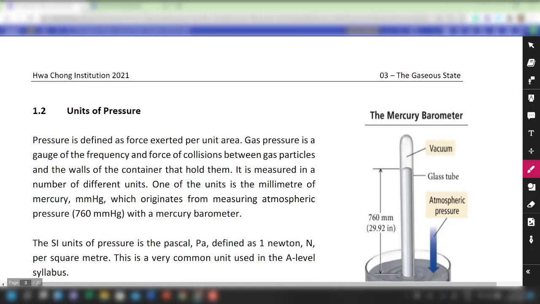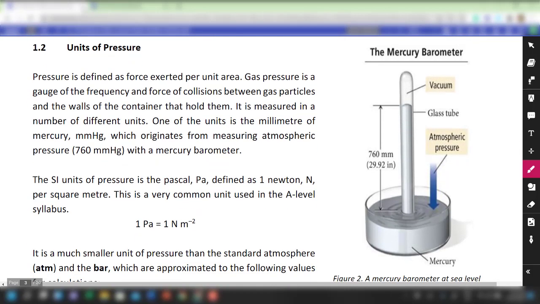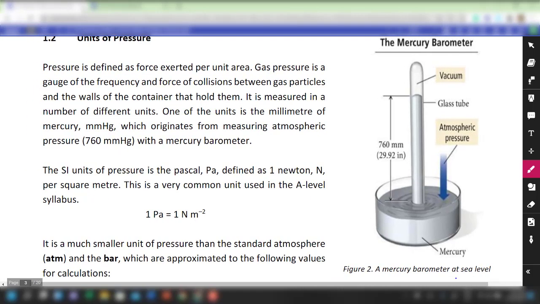Okay, so let's move to 1.2, which is the units of pressure. Pressure is defined as the force exerted per unit area. You will have learned it in secondary school physics. If you can't remember, it's fine, just read a little bit more about it. Traditionally, it's been measured using mercury. Some of you might be a little bit familiar with this if you read a bit into history. Atmospheric pressure is defined as 760 millimeters of mercury.